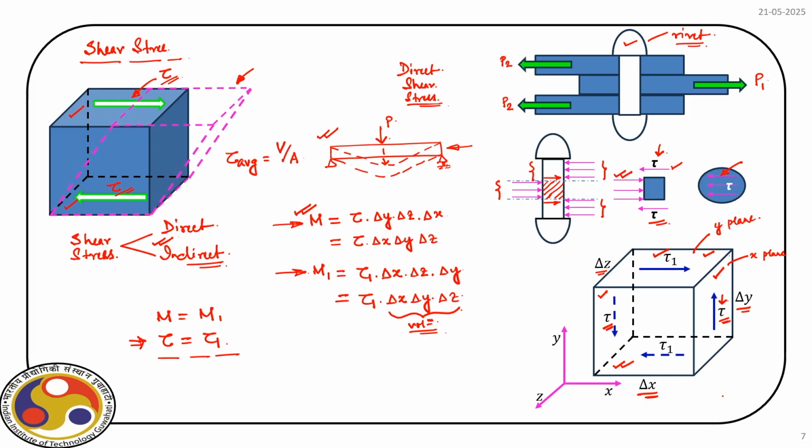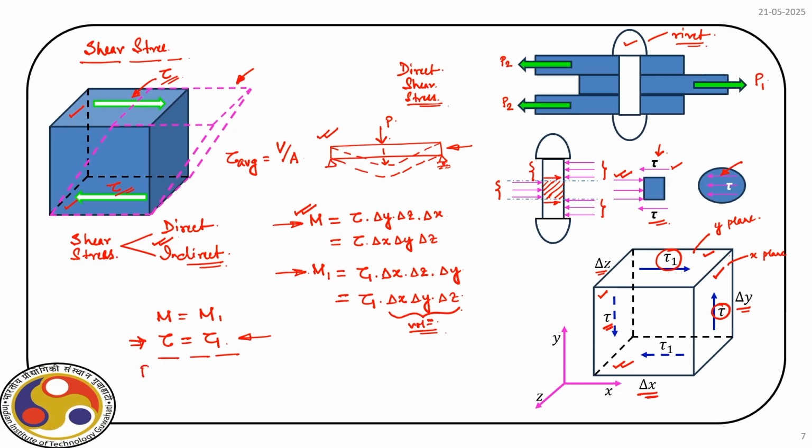Along the x plane the shear stress is tau, and along the y plane the shear stress is tau 1, and they must be equal in magnitude. That is what we get from this derivation. And these two shear stresses tau and tau 1 face each other, and that is how they maintain the equilibrium, so that there is no rotation caused by these shear stresses.